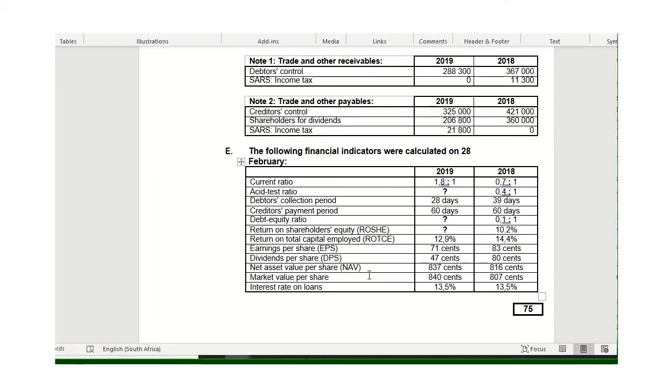So the debt equity ratio increased from 0.1 to 1 to 0.18 to 1, but it is still very low. So I will put there in my answer, the debt equity ratio increased from 0.1 to 1 to 0.18 to 1, but it is still very low.